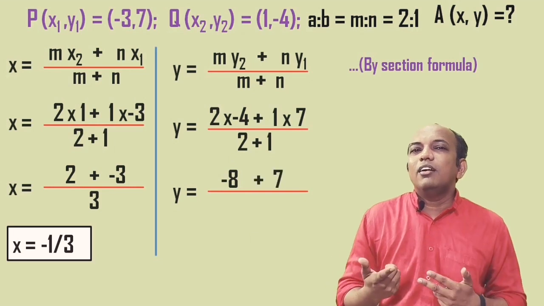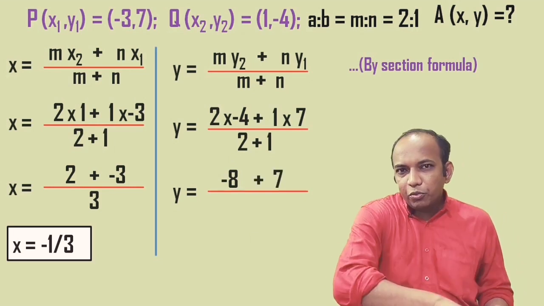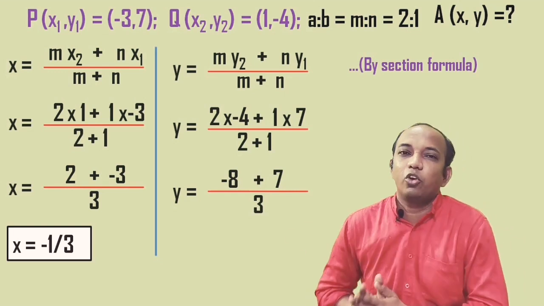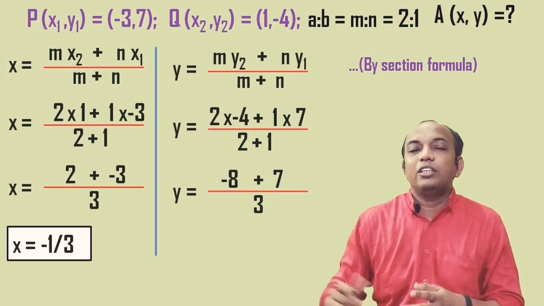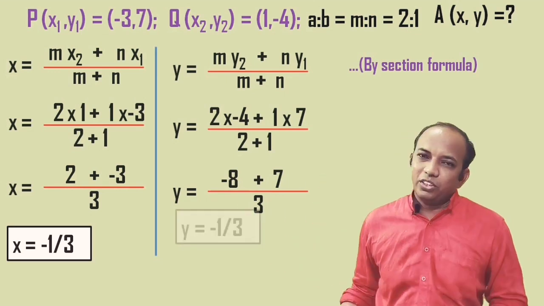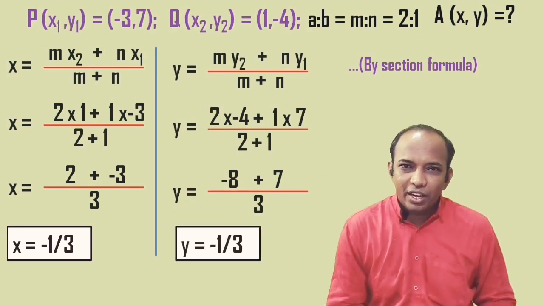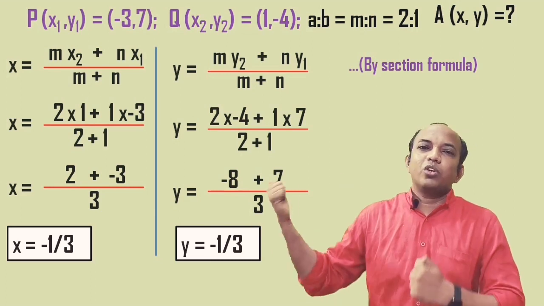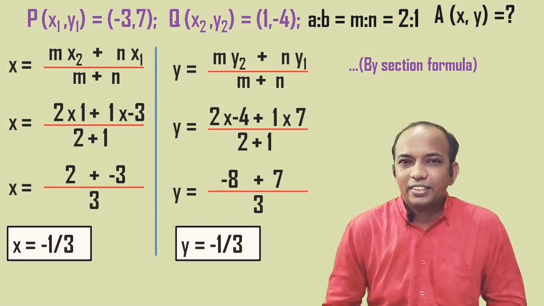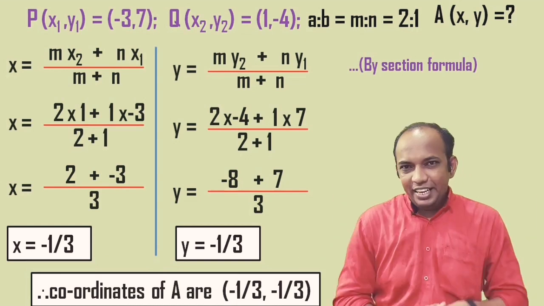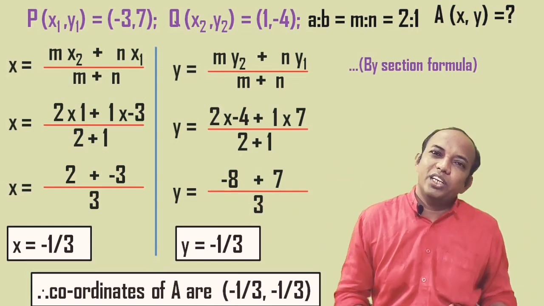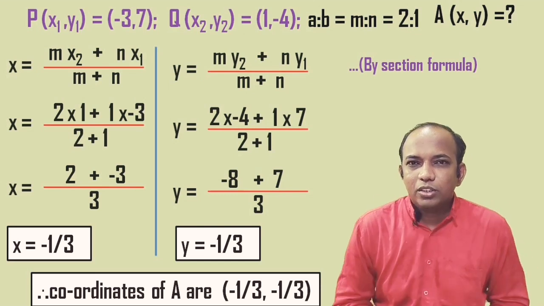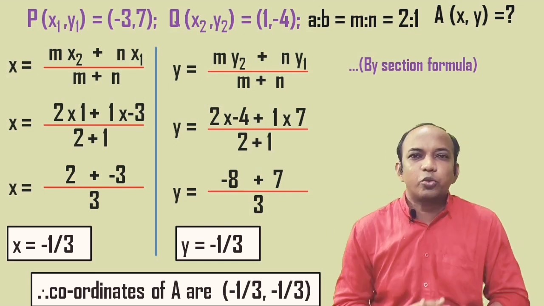If you sum it, negative 8 plus 7, the rules of integers of course we need to follow, we have to be very cautious at that point. We get the answer minus 1 upon 3, and in short both the values for x and y are equal, that is minus 1 upon 3. And don't forget to write the final answer here. Coordinates of point A are negative 1 upon 3 comma negative 1 upon 3. And I hope sub questions 2 and 3 you can do on your own.